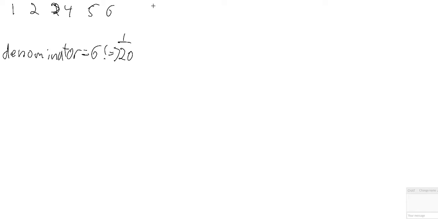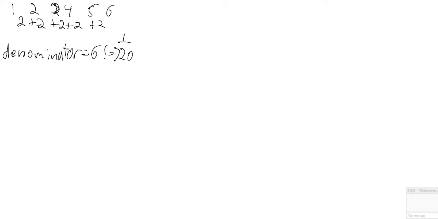There's more. It's actually 2 because they could be in the first and second position, plus 2 because they could be in the second and third position, plus 2 because they could be in the third and fourth position, plus 2 because they could be in the, hold on, there's another 2 in here. So there's actually 10 different ways you could order them if they could have the same age.